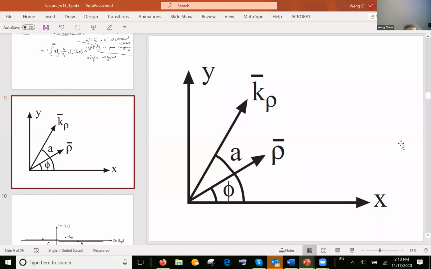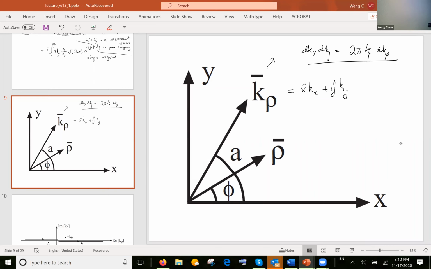If you go to a cylindrical coordinate system, then dkx dky will become 2 pi k rho dk rho, because of the cylindrical symmetry, and you can convert this integration into just a dk rho integration.